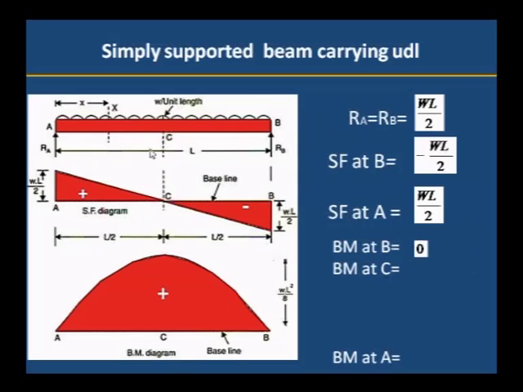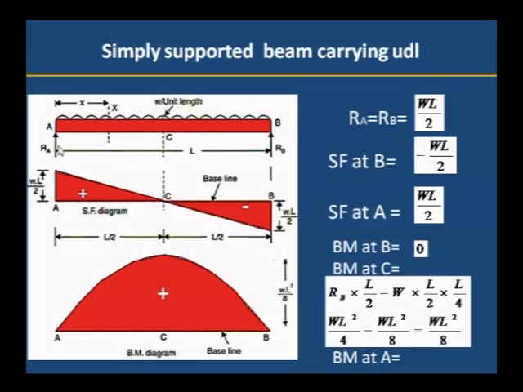Similar to what we did in the previous simply supported point load case, bending moment at B is also 0. Bending moment at C, at the central point, C is the center point. To calculate the center point bending moment, first we have to multiply RB into L by 2, the center point being L by 2. RB into L by 2 is the anti-clockwise moment, that is why it is considered plus.